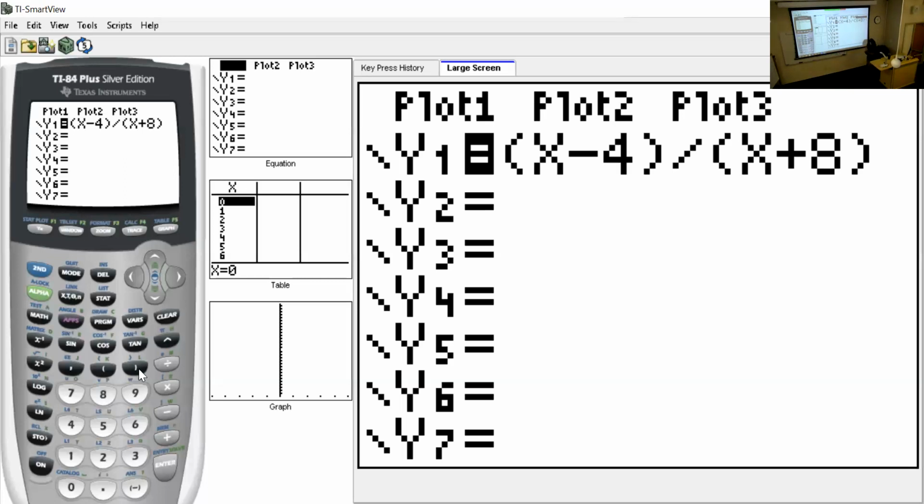Can someone tell me what that horizontal asymptote is? Look at the graph and you can tell me, and we can find the exact value. Come again, what did you say? When I graph it, yep, that is correct. What is the value of the horizontal asymptote?